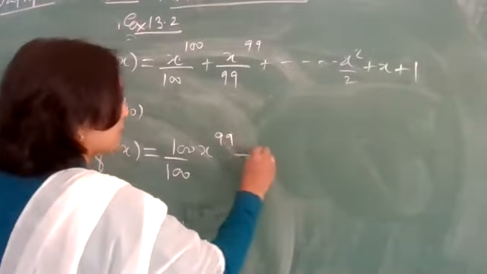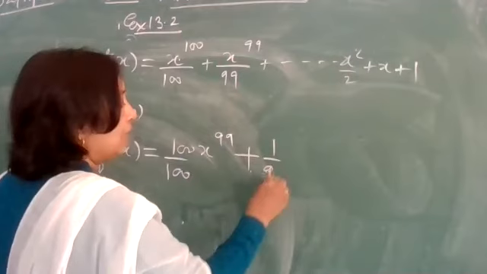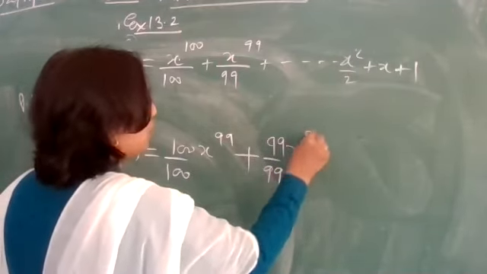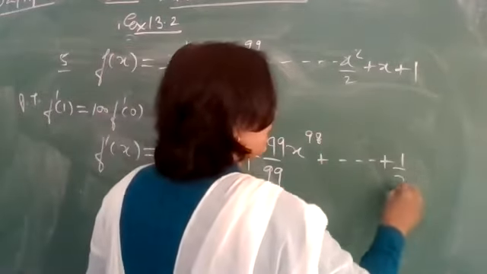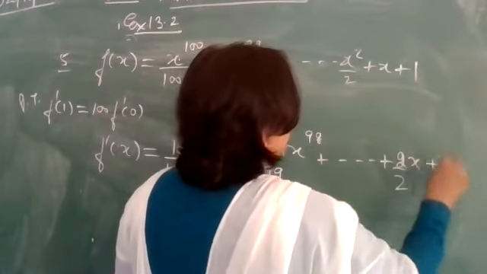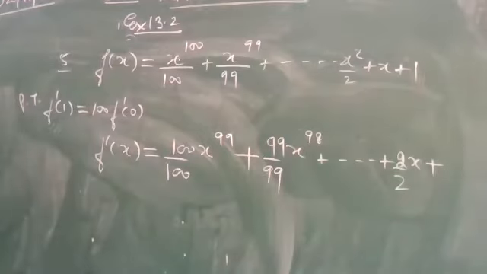Okay? Plus. Then again 1 upon 99 is the constant term in multiplication and it is 99 x raised to the power 98. Let's come. I say 1 by 2 as it is, x square का derivative 2x. Then derivative of x.